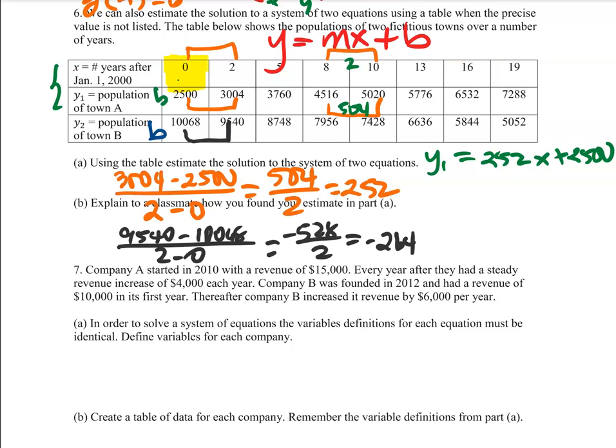So meaning your y2 is, this is the slope, negative 264x, and the y-intercept when x is 0 is 10,068. So those are the two equations.